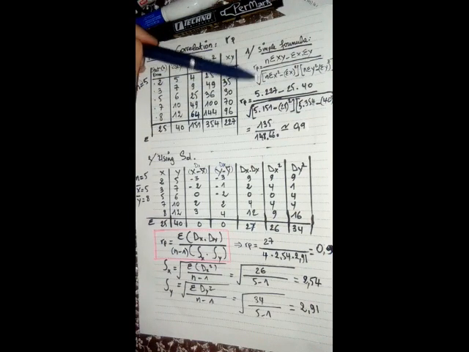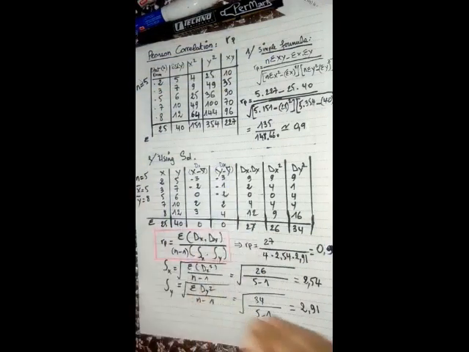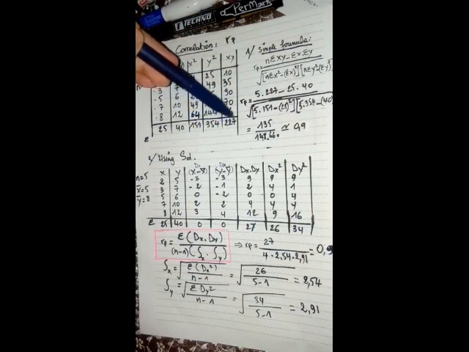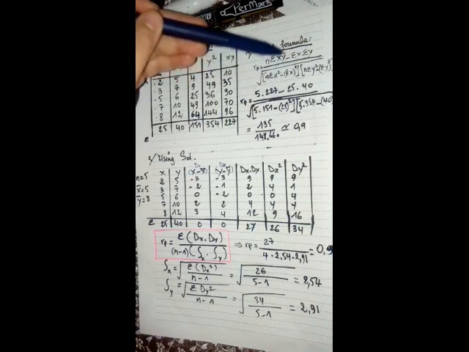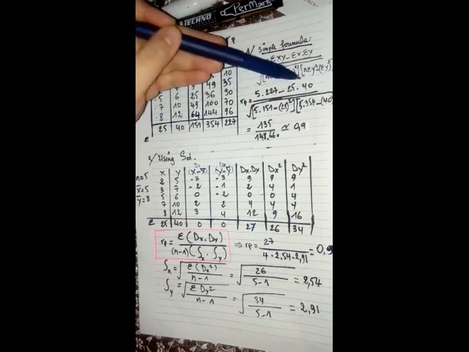Let's put the numbers here. So where is N? N is 5. What is the sum of X multiplied by Y? Here it is, 227. Minus the sum of X, 25, and the sum of Y, which is 40.